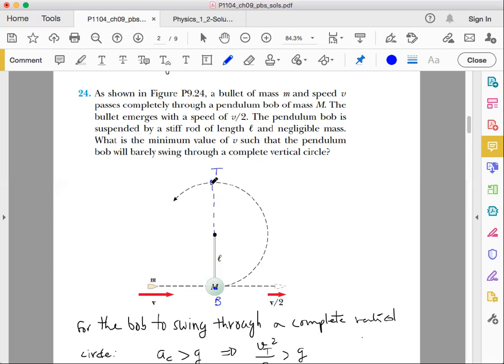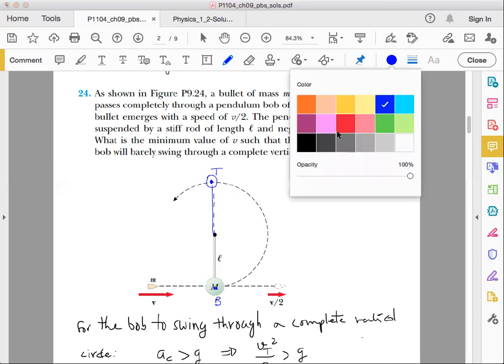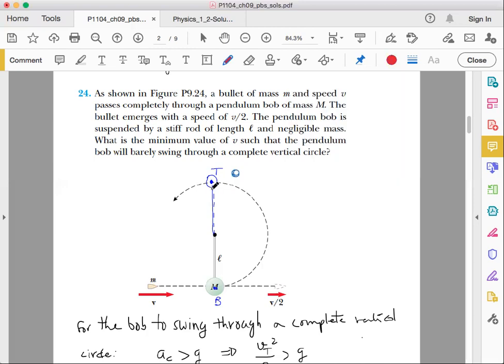At this point T, what forces do we have when the bob is here? It's still connected by this rod, a stiff rod actually. We have, first of all, the weight, mg, where m is the mass of the bob.